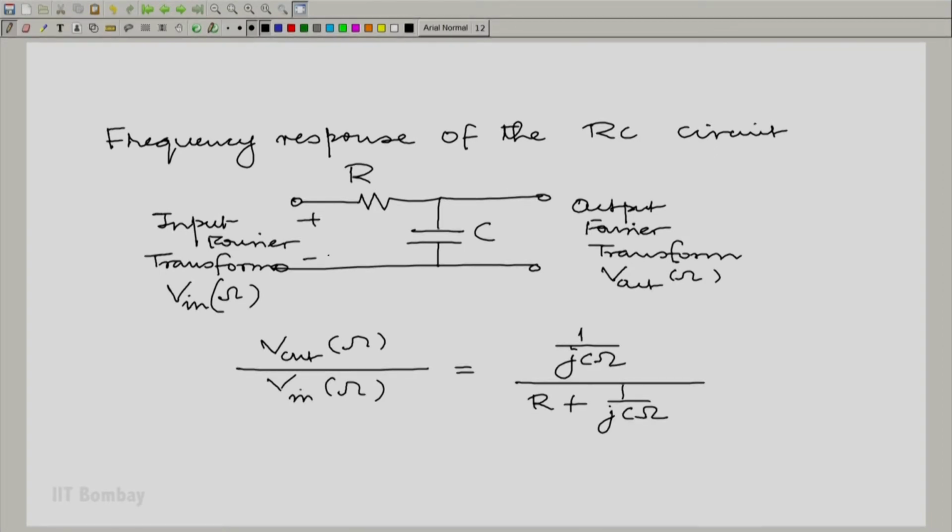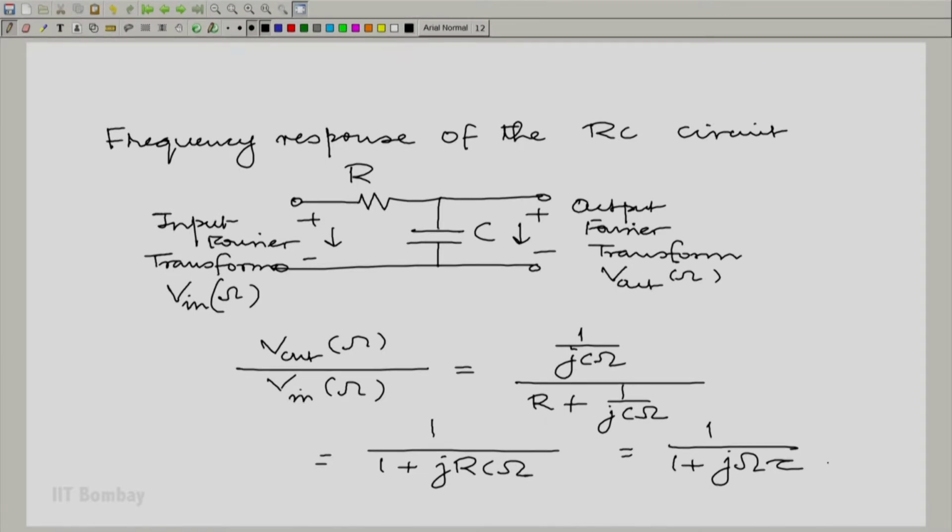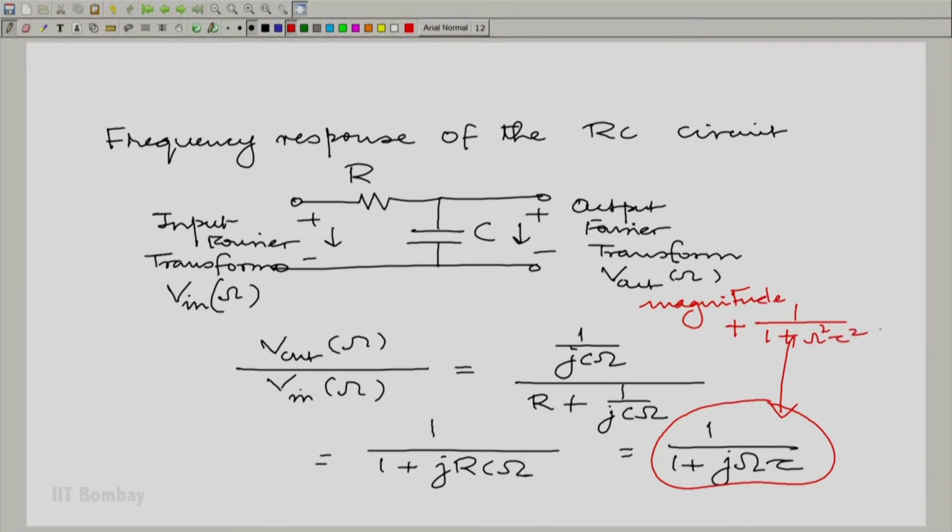Of course, we are talking about the input and output voltages here. Now we can see what happens. This expression has a magnitude given by the positive square root of 1 by 1 plus omega squared tau squared.